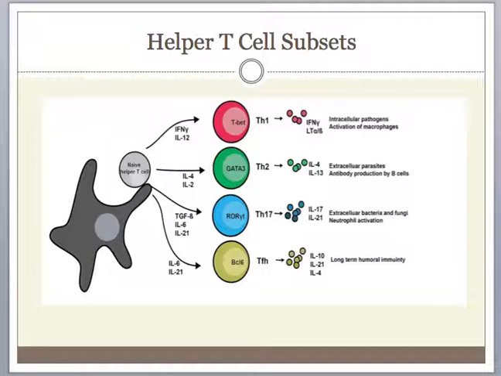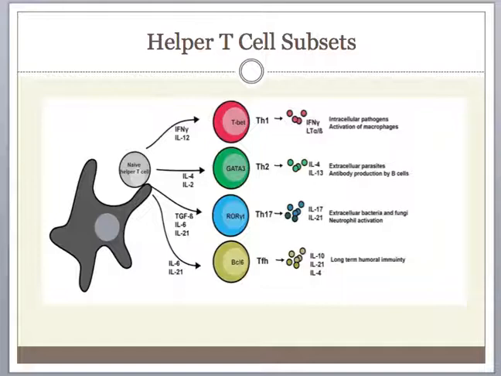Each type of helper T cell produces a different set of cytokines that help them complete the response to a specific pathogen. Helper T cell cytokines create different responses, such as activating killer T cells to kill a virus or to kill the virus infected cell directly.